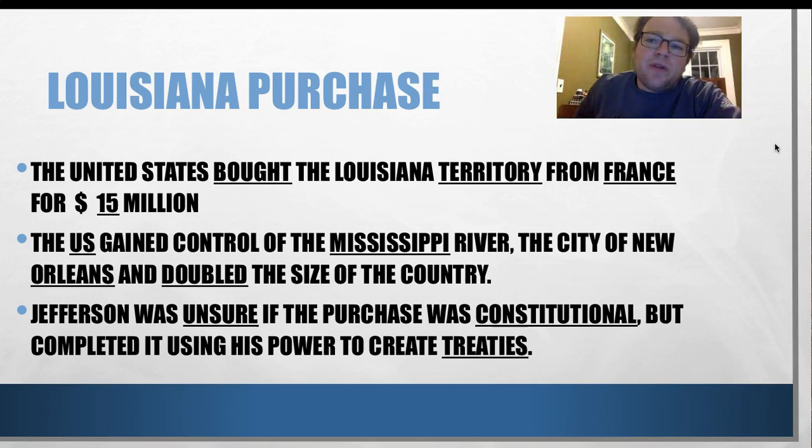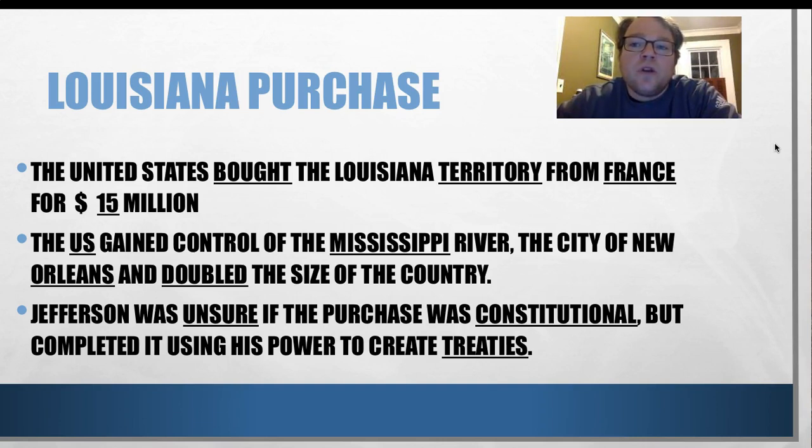It comes out to about $300 million in today's money, about 3 cents an acre. With this, the United States is going to gain control of some pretty important geographical locations. Number one, the Mississippi River for trade and travel is going to be a big deal. To this day, it's still used for both travel and trade, and it was really America's first highway during this time period.